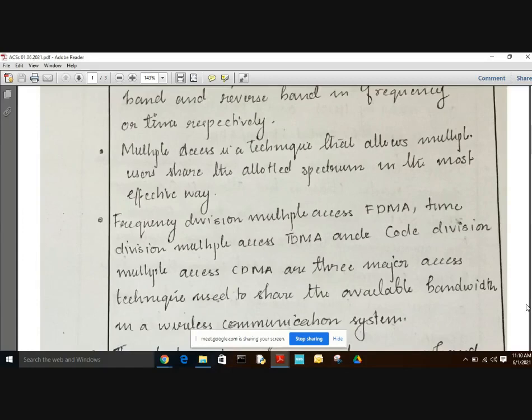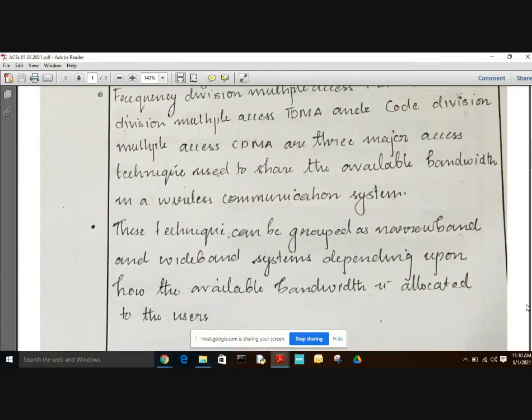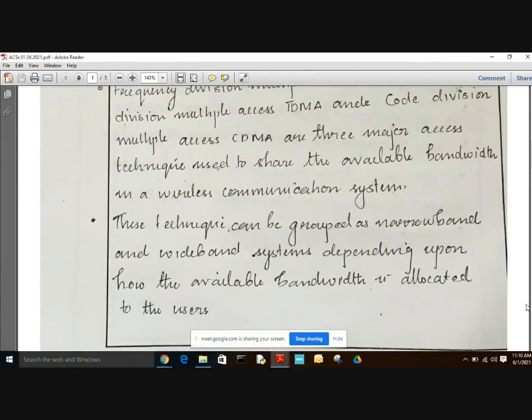So multiple access is a technique that allows multiple users to share the allotted spectrum in the most effective way, and we have three types of access technique, that is FDMA, TDMA and CDMA, used to share the available bandwidth in a wireless communication system. These techniques can be grouped as narrow band and wide band depending upon how the available bandwidth is allocated to the user.